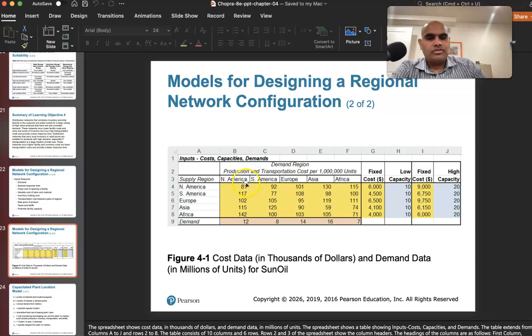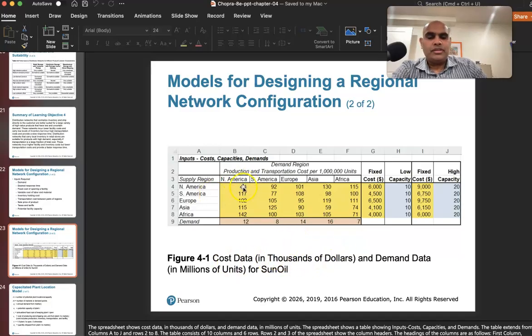Now, on top of that, you also see these numbers here. These are the costs of production and transportation. So if you build a plant in North America and you have to service all your customers within North America, it's going to cost you $81,000, I'm sorry, cost data is in thousands of dollars.